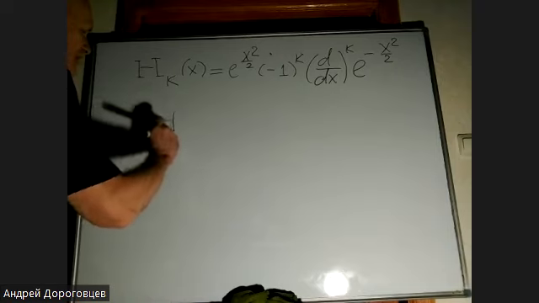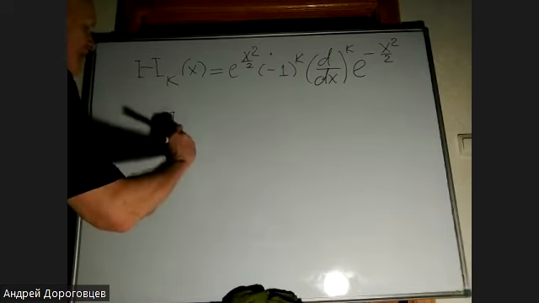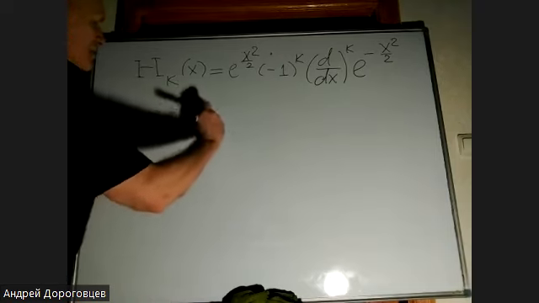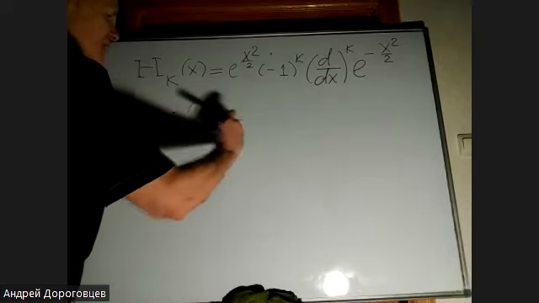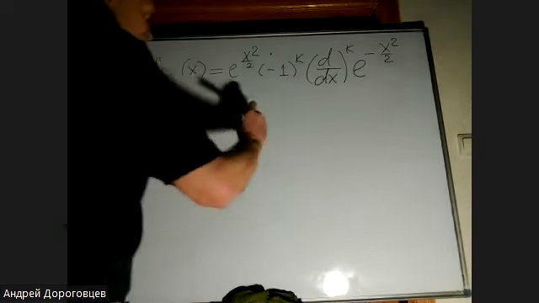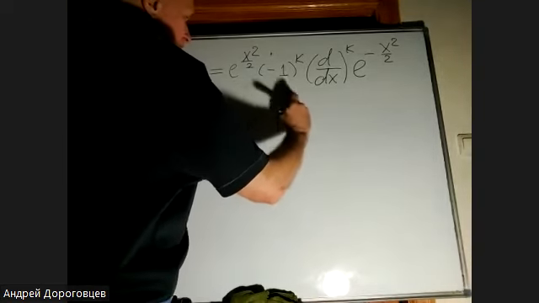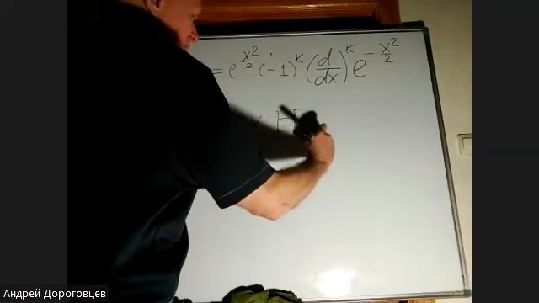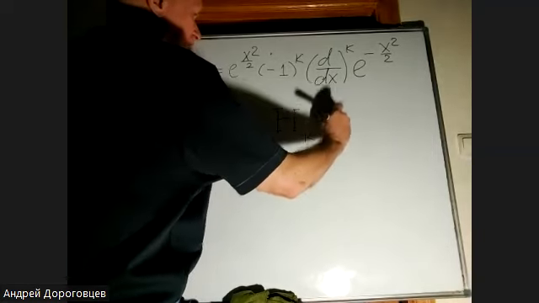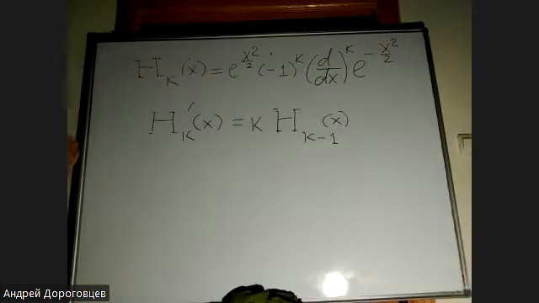If we take the derivative of a Hermite polynomial, it will be equal to the Hermite polynomial of degree k minus 1 multiplied by k. So the differentiation of Hermite polynomials is similar to the differentiation of powers of the variable x.